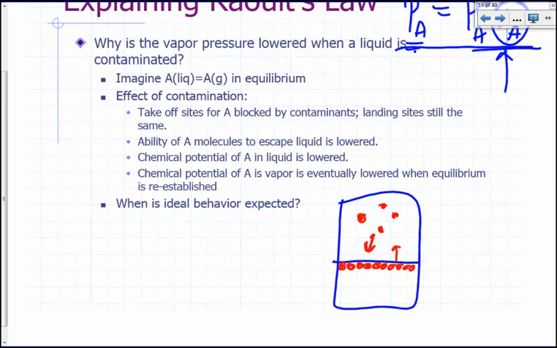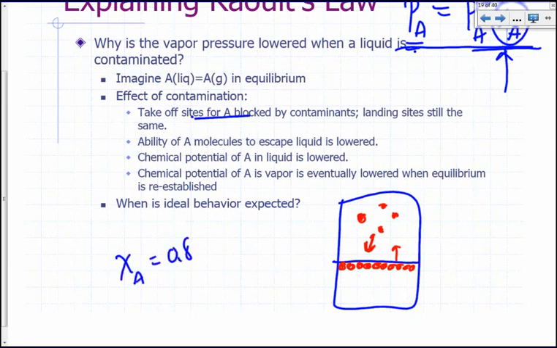What will happen if our liquid is contaminated? You can imagine that the takeoff sites for A are going to be blocked by the contaminant. So let's say our mole fraction of A is only 0.8. What will happen?